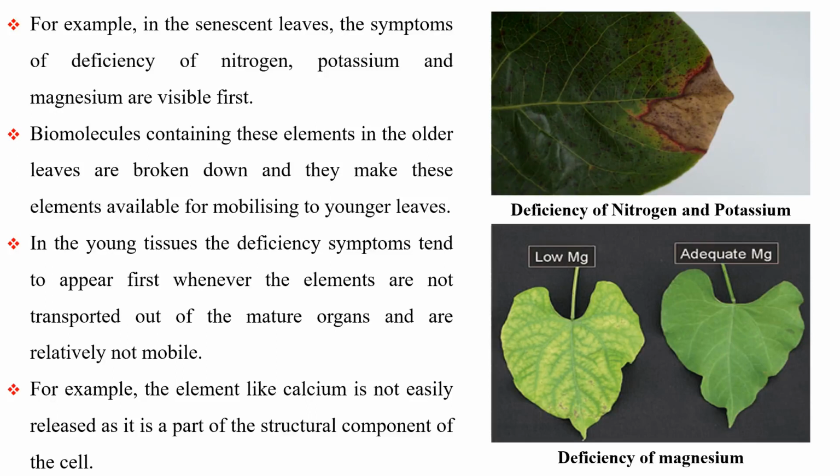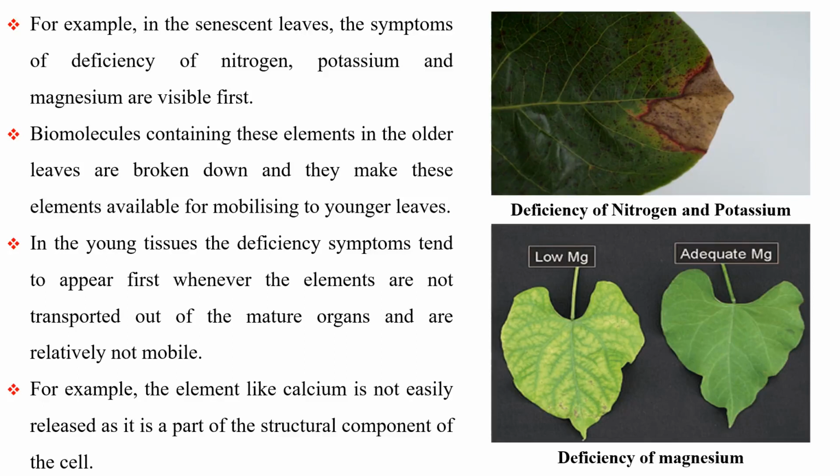For example, in the senescent leaves, the symptoms of deficiency of nitrogen, potassium, and magnesium are visible first. Biomolecules containing these elements in the older leaves are broken down and they make these elements available for mobilizing to younger leaves. In the young tissues, the deficiency symptoms tend to appear first whenever the elements are not transported out of the mature organs and are relatively not mobile.